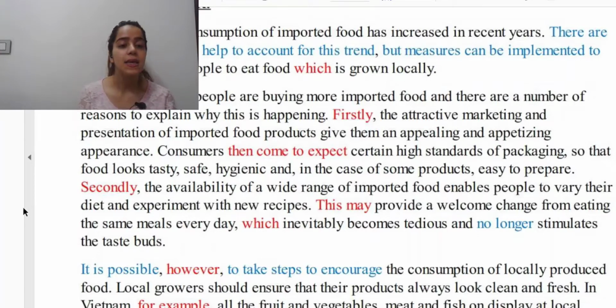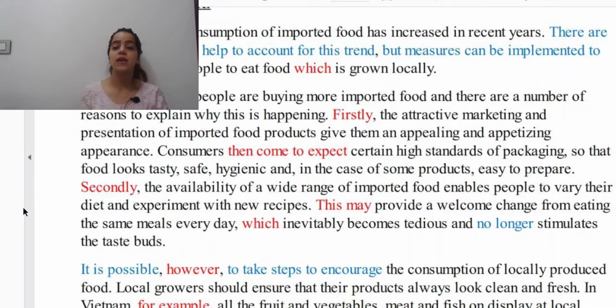So let's see: In many countries people are buying more imported food, and there are a number of reasons to explain why this is happening. This is our topic sentence we are introducing. We are giving the reader the chance of understanding what exactly we are discussing in this paragraph.